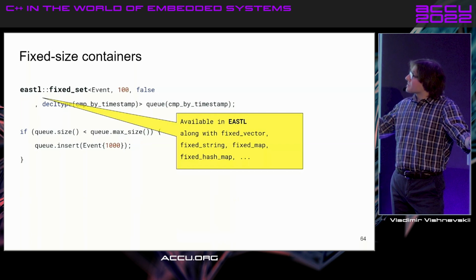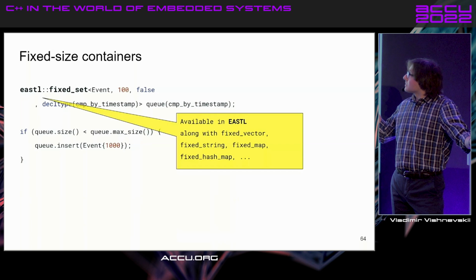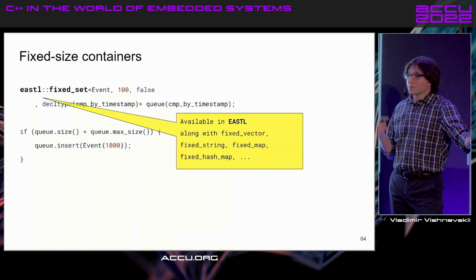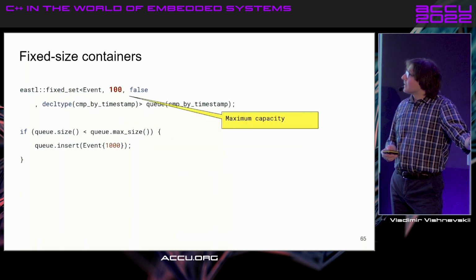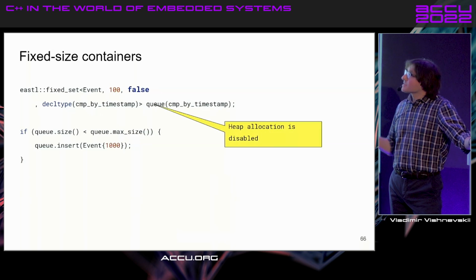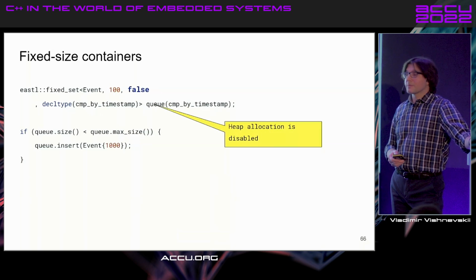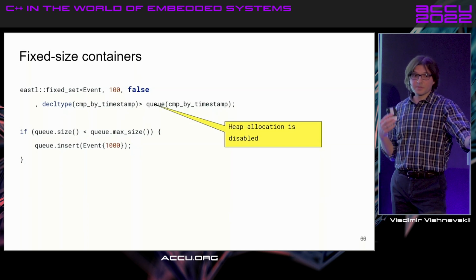Apart from this fixed set, there are also fixed map and fixed hash map. So there's quite rich functionality available there. This is the maximum capacity that we need to specify, and there is also a possibility, probably not very relevant for embedded environments, to specify a backup allocator.